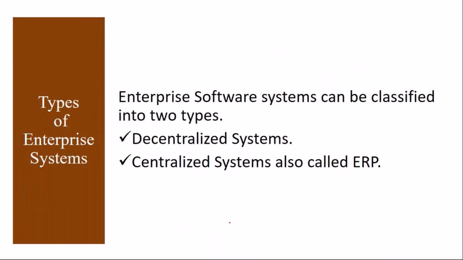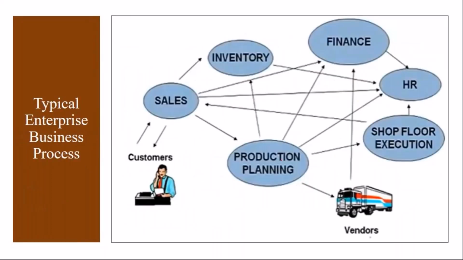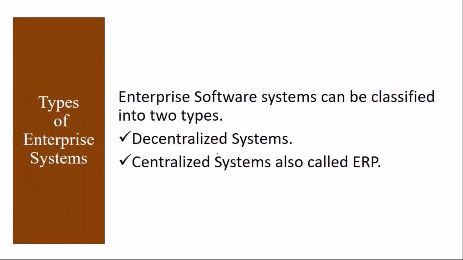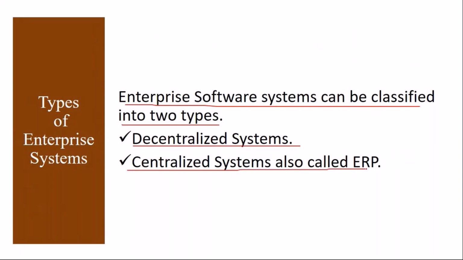To have this flow, there are basically two types of enterprise software systems. Enterprise software systems can be classified into two types: one is decentralized systems, and the other is centralized systems, also called ERP.